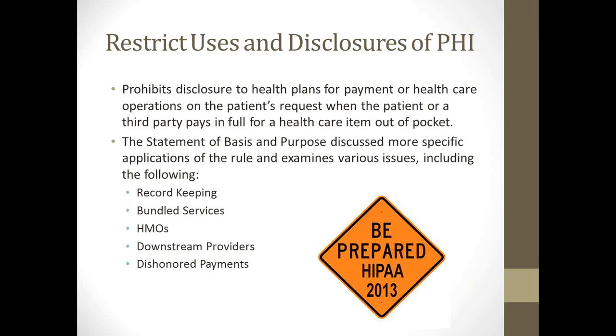The HITECH Act strengthens the right to request restrictions on disclosures by requiring covered entities to accept a restriction on disclosing protected health information to a health plan, where the disclosure is for payment or healthcare operations purposes and the protected health information pertains solely to a healthcare item or service for which the healthcare provider isn't involved and paid out of pocket. Now, the Omnibus rule amends the privacy rule to account for this provision.